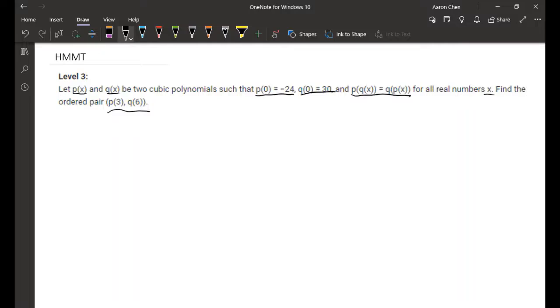So first we'll try to find what form the polynomials P of x and Q of x are in. And so we let f of x equal ax cubed and g of x equal negative ax cubed.